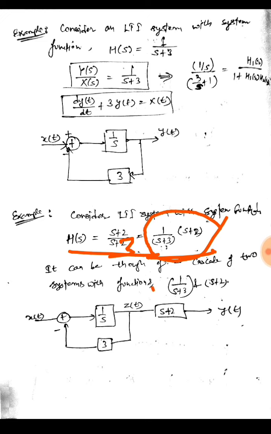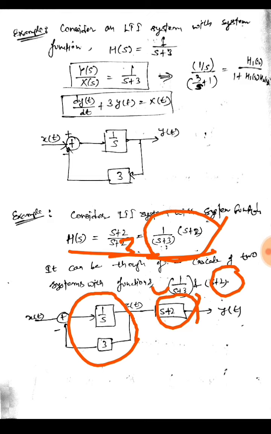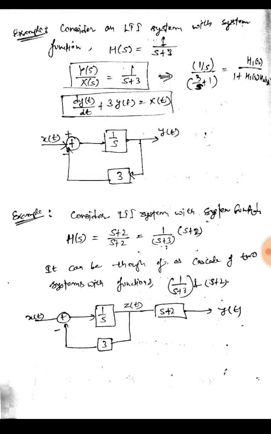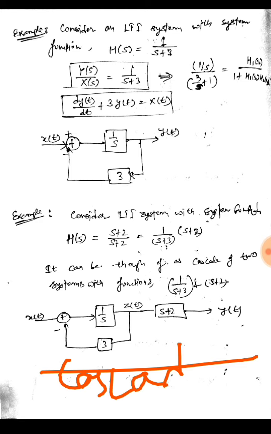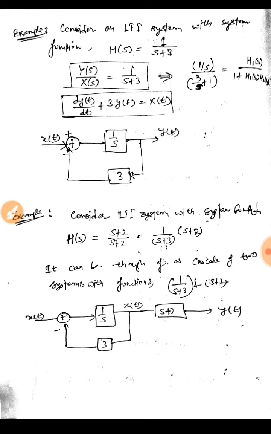So for 1 upon s plus 3 it would be this function, and the second is s plus 2, and now we have combined them in series. So this would become the block diagram representation in cascade form. You can also draw it in the parallel form as well. We will see in the next example. We will try to design with all the possible forms.